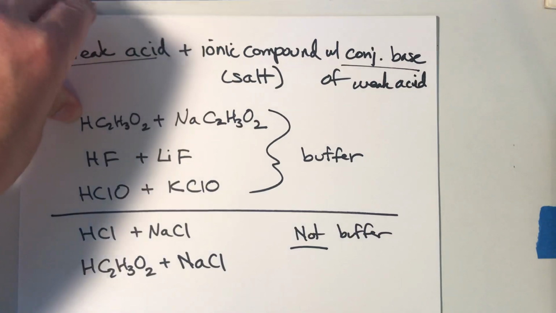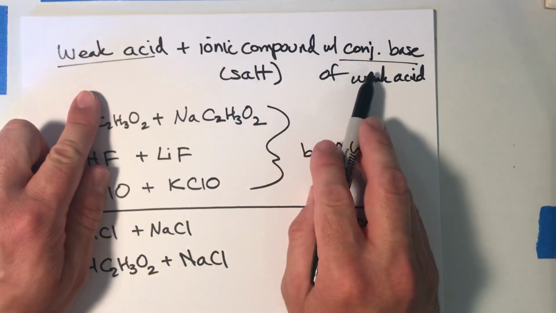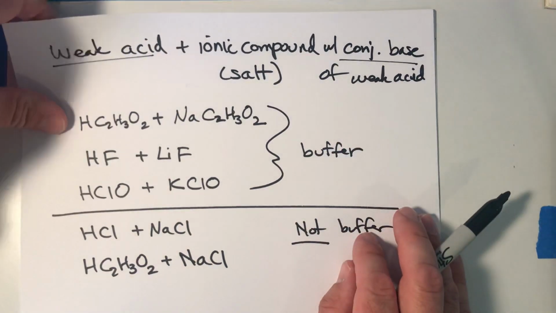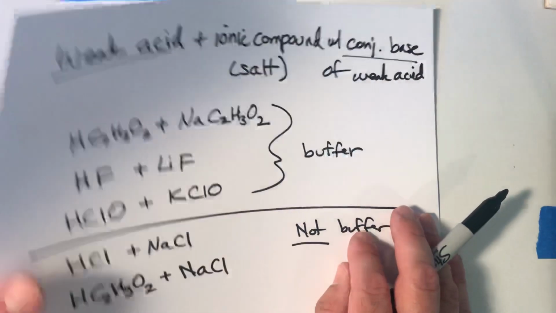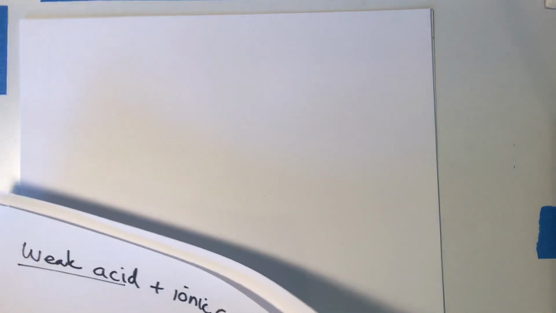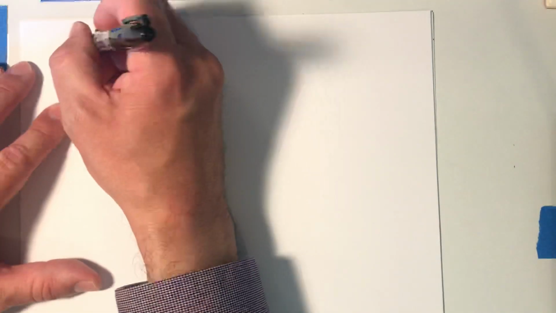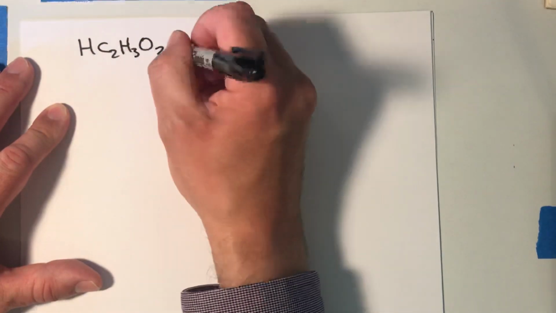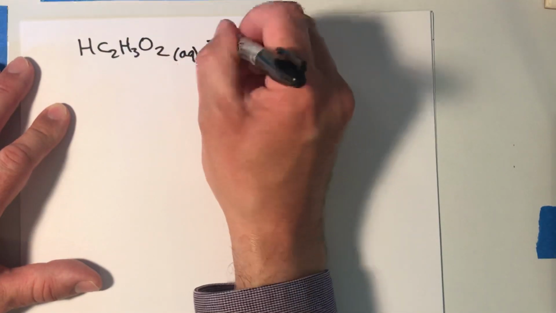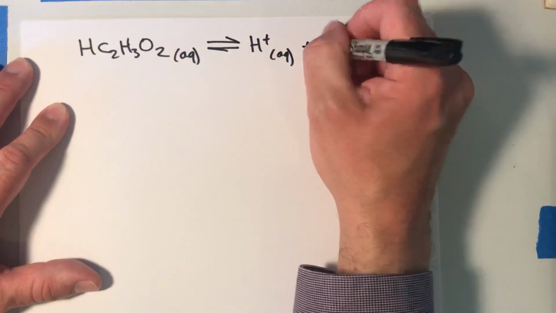Now, why is this the magic combination? Why is a weak acid and a conjugate base the combination that leads to buffering? Well, the reason for that goes back to Le Chatelier's principle. Remember that Le Chatelier's principle says that anytime we have an equilibrium, the system will shift as though it is trying to undo the stress that we, the outside chemists, have applied to it.